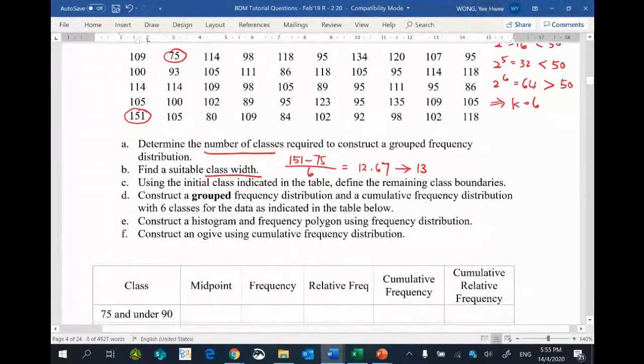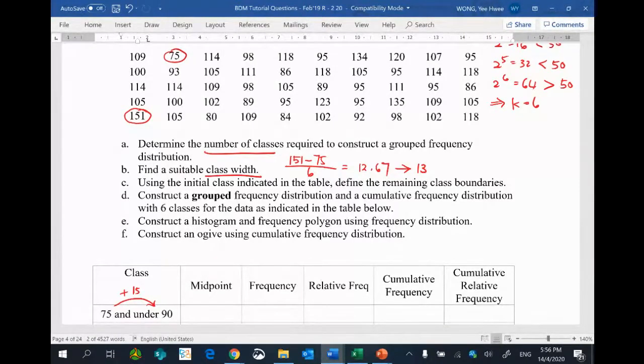You can use 15 if you want to. But if you want to use 13, no problem. But you have to follow the question once it is given to you. But if this is your own data and you're going to come up with your own frequency distribution, if you use 13 or 14 or 15, they are all fine.